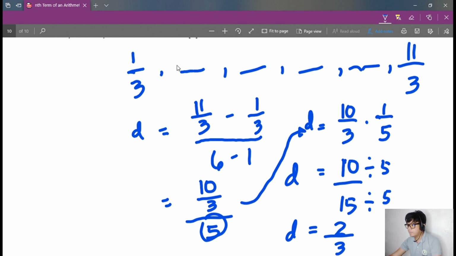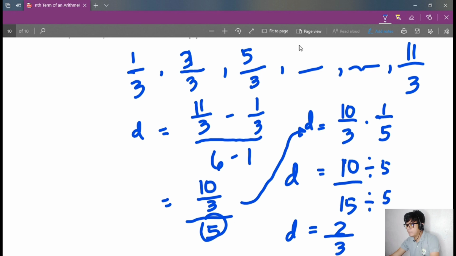So 1/3 plus 2/3 is 3 over 3, or 1. To avoid confusion, let's write 3 over 3 first and simplify later. So 3 over 3 plus 2/3 is 5 over 3.